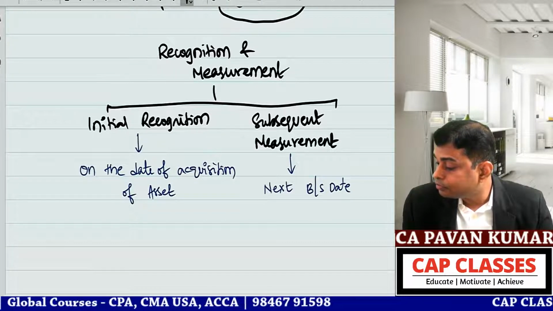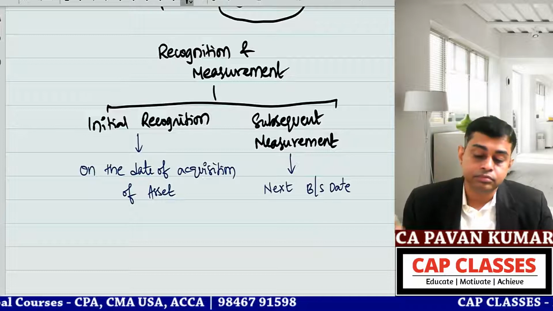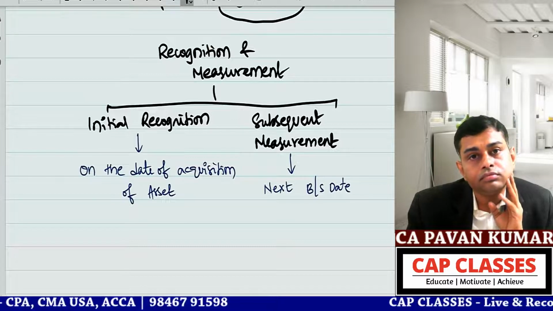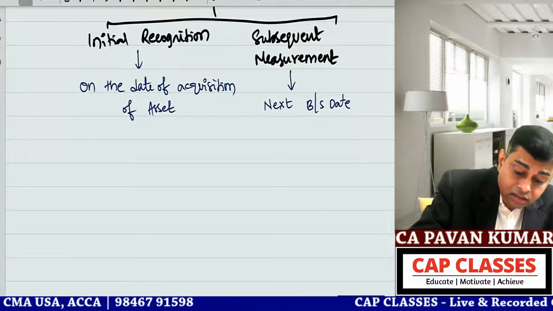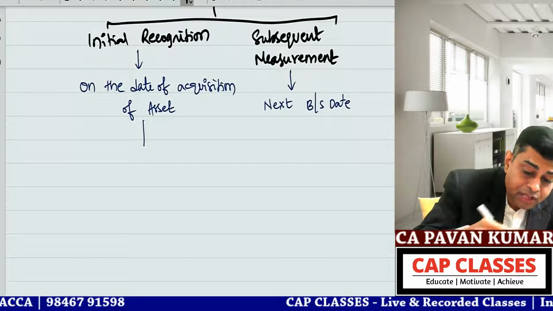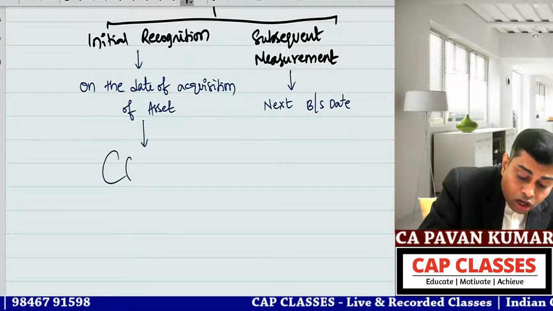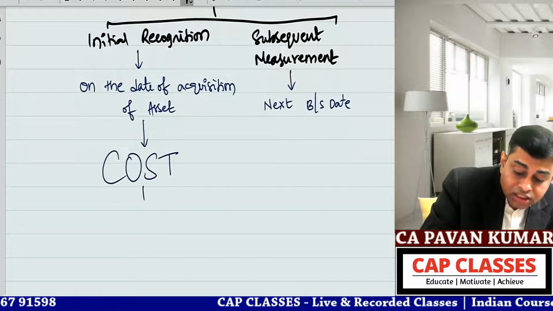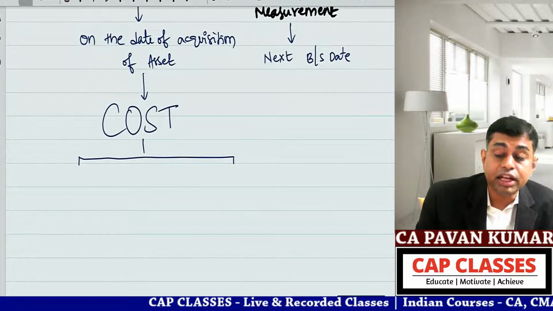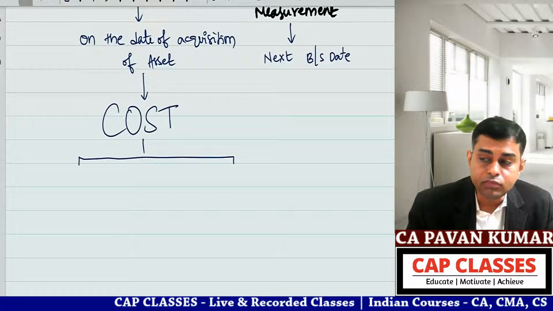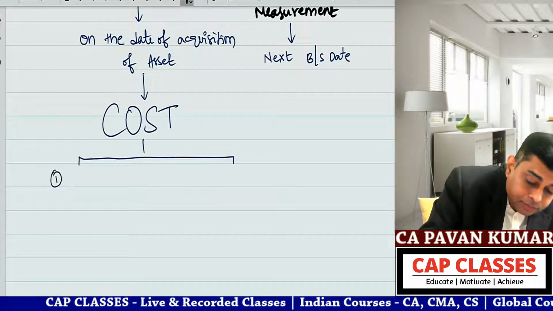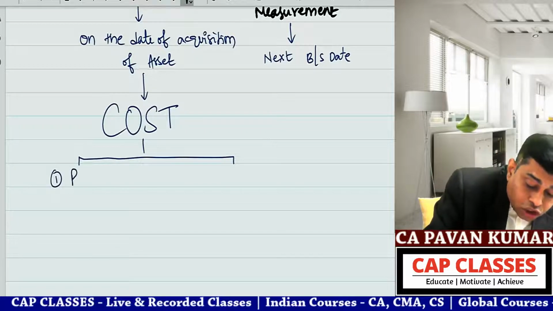Okay, now here it includes 3 items. So on initial recognition, it should be only at cost. Cost includes 3 items. What are they? One, purchase cost.